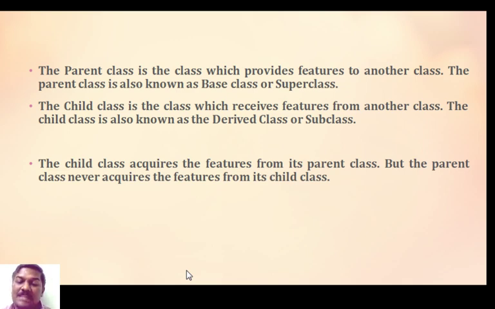In the above example, the person is called base class or superclass. Likewise, a child class is a class which receives values and features from some other class. This is called derived class or subclass. In the previous example, we had dancer, singer and programmer. Those are called child classes.